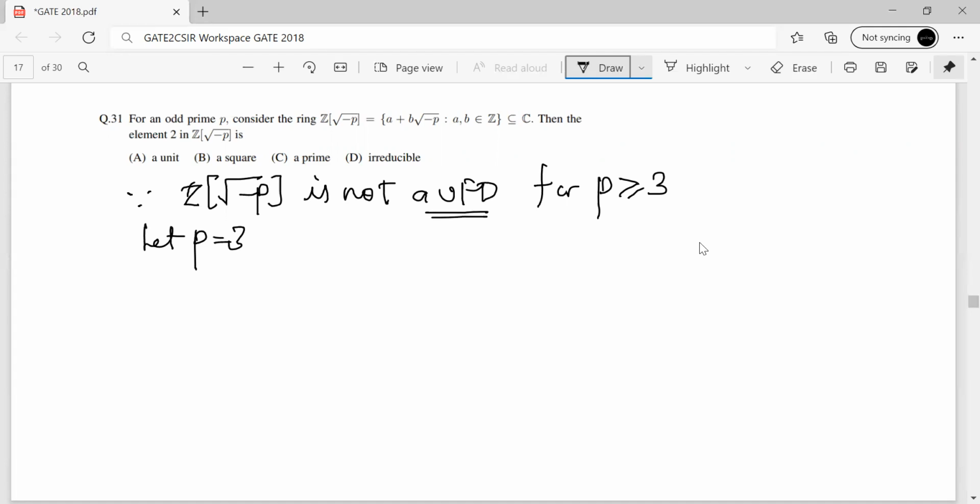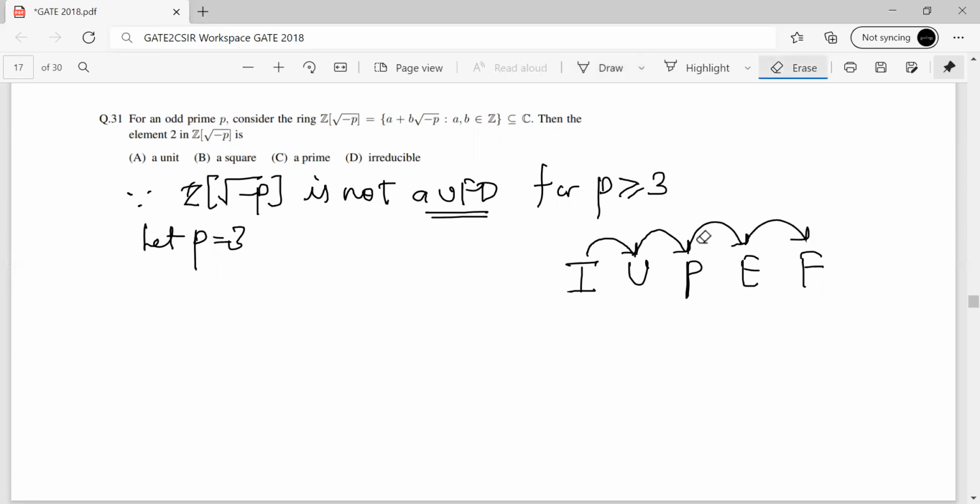Now if you know the sequence, CRU, I, U, P, E, F: first a commutative ring with unity becomes an integral domain, then a UFD, then a PID, then a Euclidean domain, and then a field.